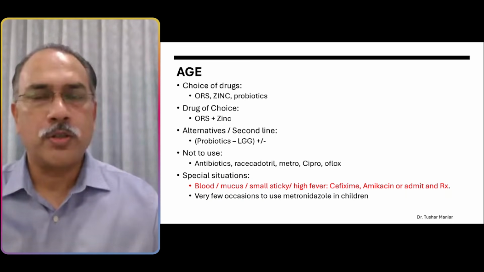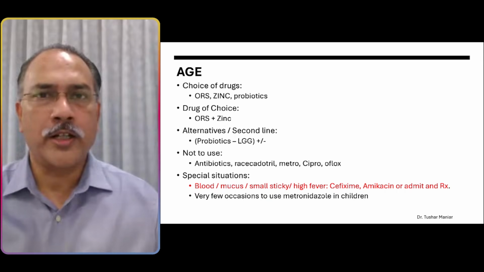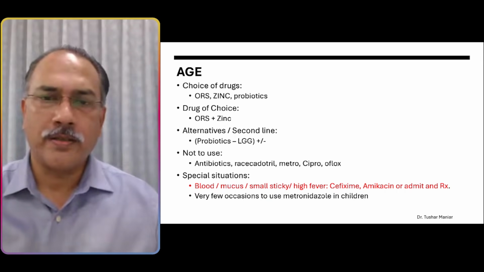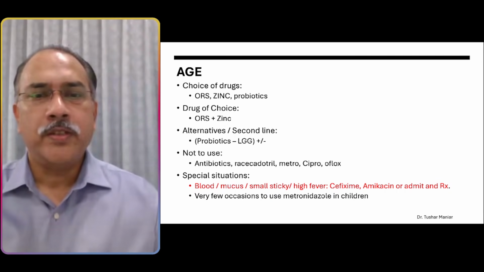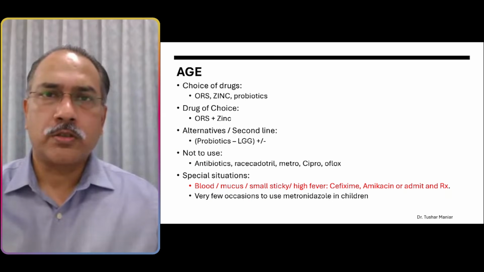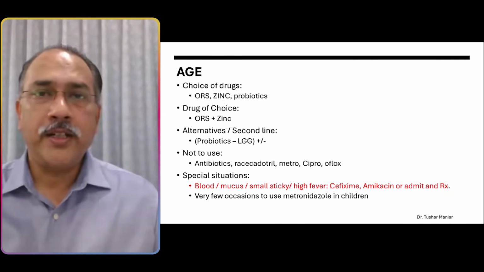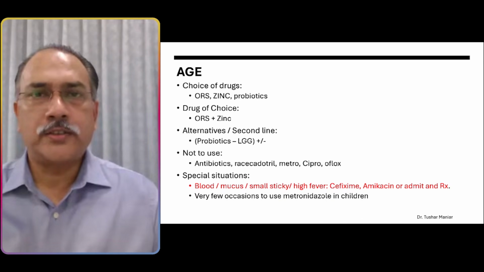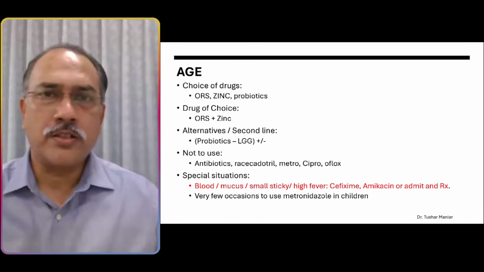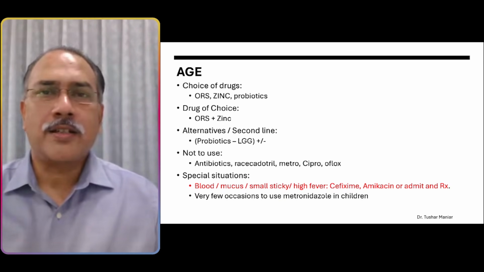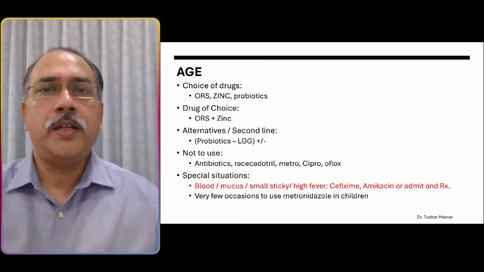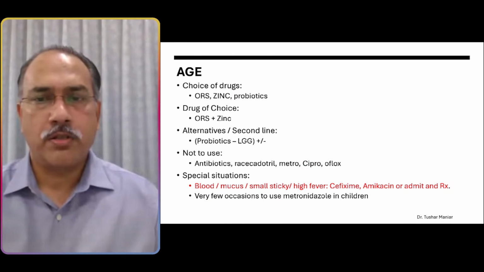If the child is very sick, you may think about getting him or her admitted and giving amikacin. A small mention here, if you get only blood and mucus, the child has no fever, you might be dealing with a Shigella toxin situation where sometimes giving an antibiotic may increase the risk of HUS.